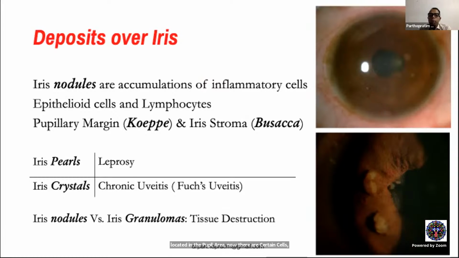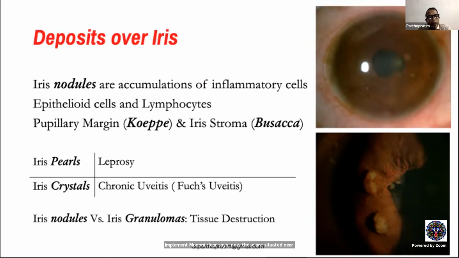These iris pearls can be seen in conditions like leprosy, and these are small glistening white lesions that represent the aggregates of very tightly packed living or dead lepra bacilli, lying in a mononuclear cell. So the iris pearls are basically the living and dead bacilli lying in the inflammatory mononuclear cells. Now, these are situated near the pupillary margin around the collarete.